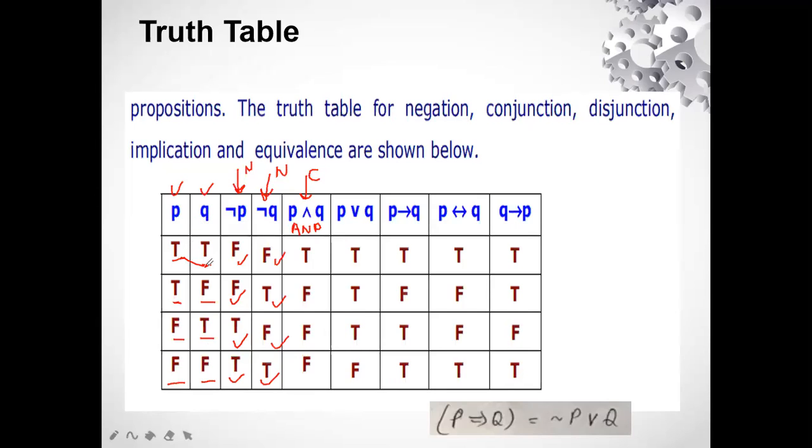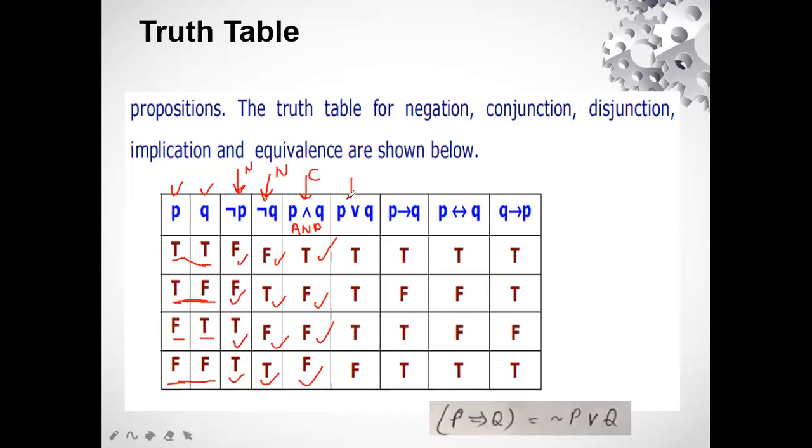True and false is not true; either both should be true or else it is false. So true, false gives false; false, true gives false; and false, false gives false. That means only one row is true for the AND operation or conjunction.